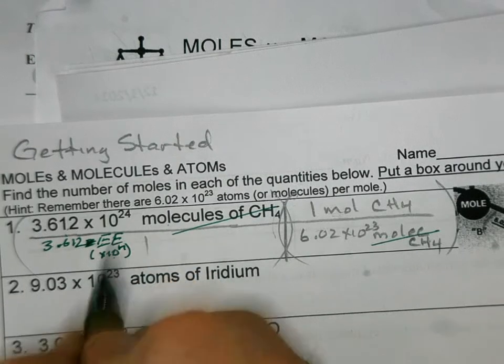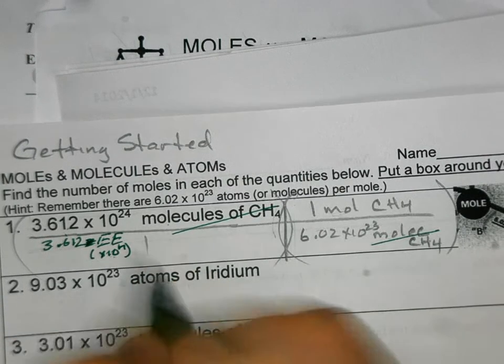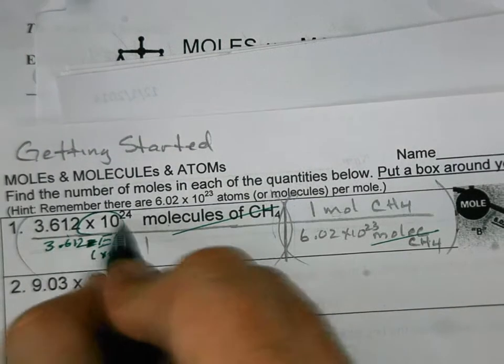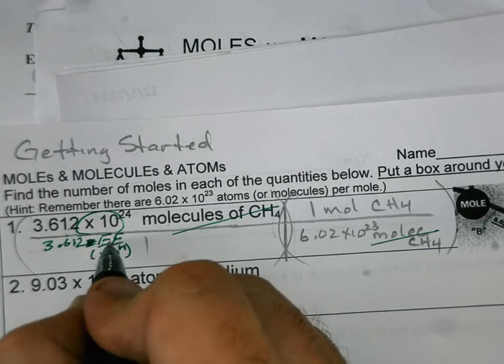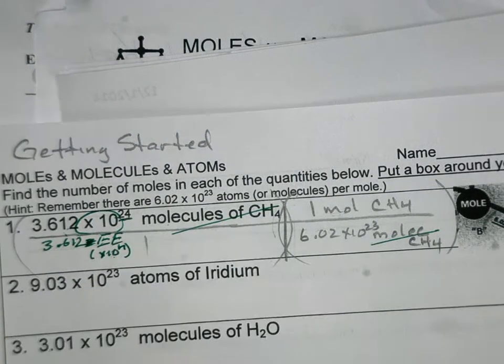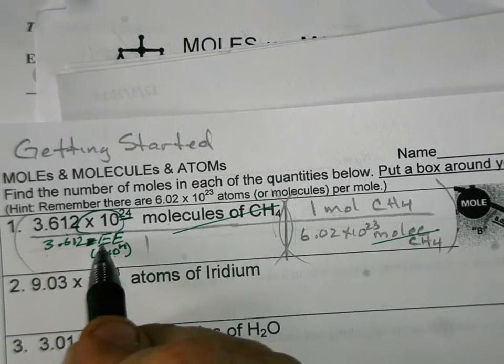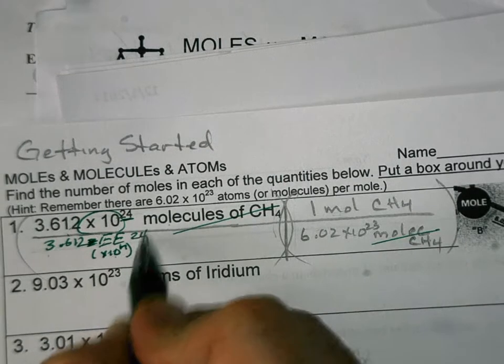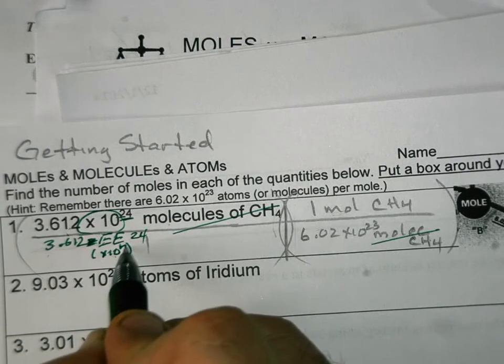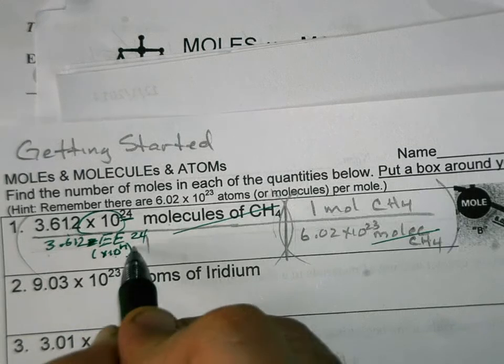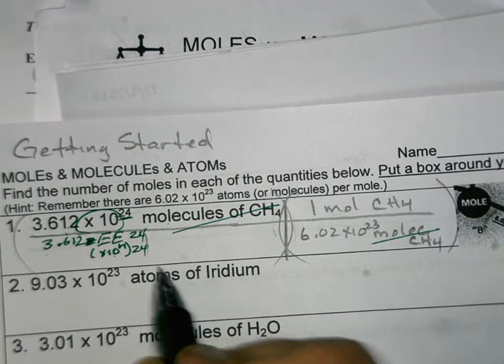You just push the EE button or the times 10 to the N button. It automatically sets all of this up, and then you just enter in the exponent. So 3.612 EE 24, that's how you'd enter that, or times 10 to the X or times 10 to the N 24.